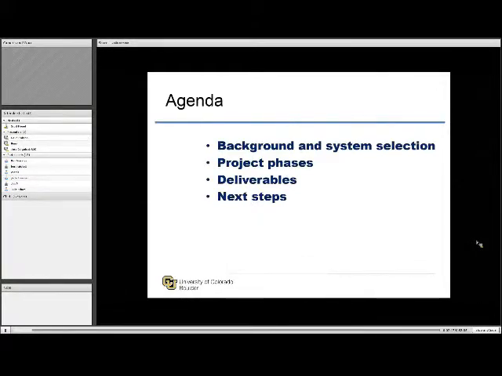Talk about project phases and moving through those and all of the steps and issues and deliverables, why we're doing this and what it delivered to the campus, and then look at next steps. So I'm going to hand it over to Ilene because she was there at the beginning and I only joined a little bit into that.